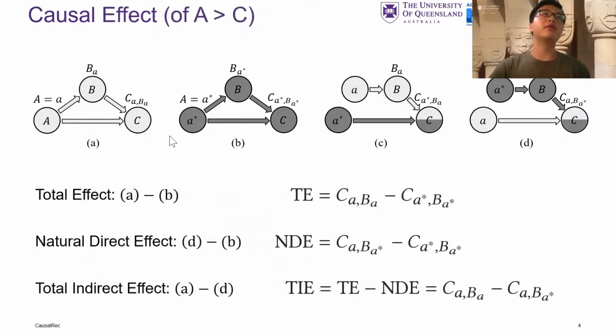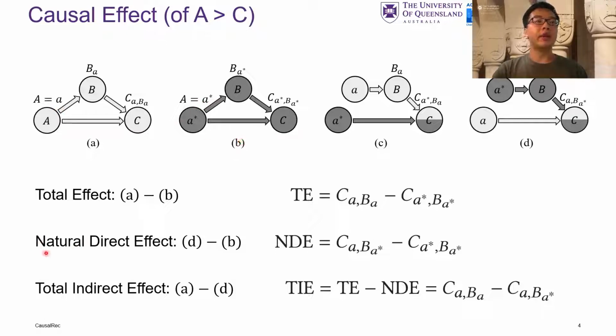We also introduce 3 important causal effects here. The first one is the total effect. It is calculated as the subtraction between the assignment A equals lowercase a and A equals A asterisk.